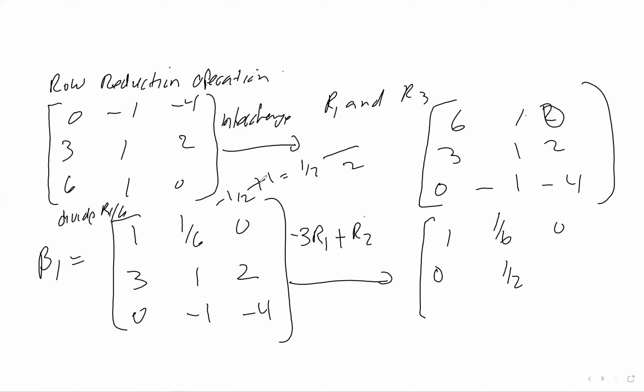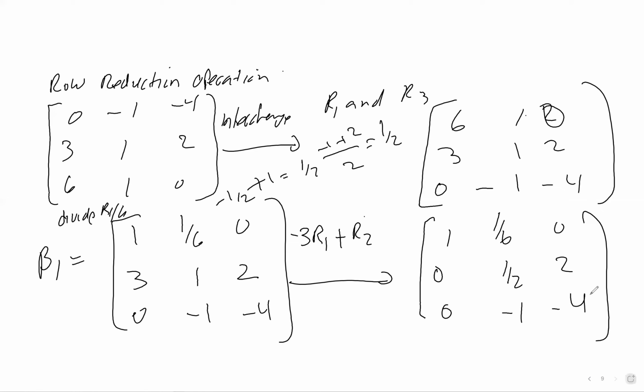And then here, 2 plus 0 is 2. So that's what you get, and then also here it's 2, and then we have 0, -1, -4. So that's what we have so far when we do the operation.